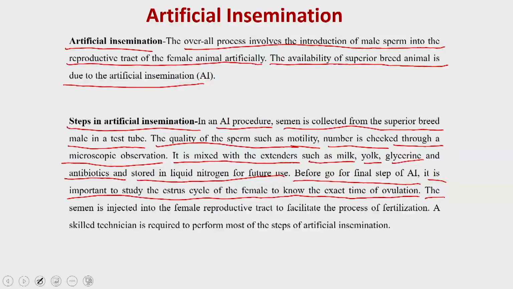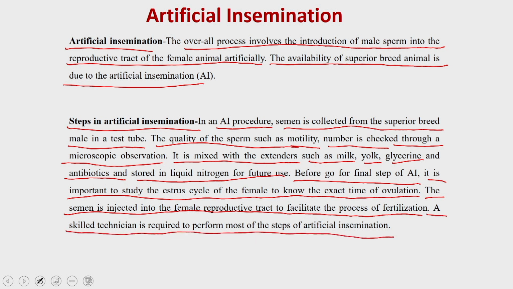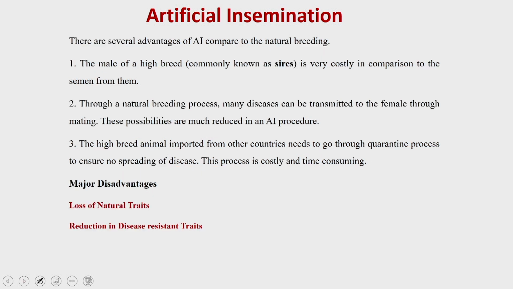The semen is injected into the female reproductive tract to facilitate the process of fertilization, and because this is a very difficult task, a skilled technician or doctor is required to perform most of the steps of artificial insemination.